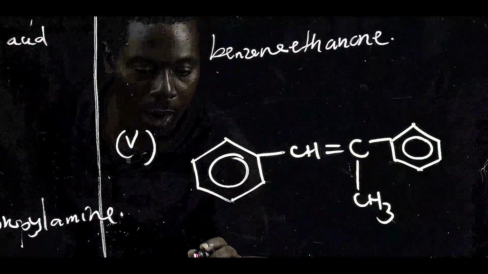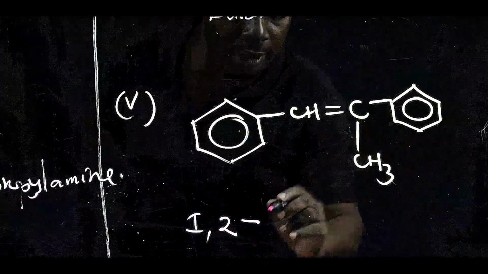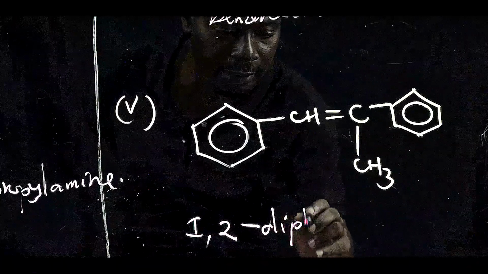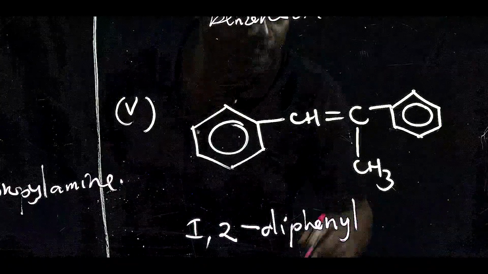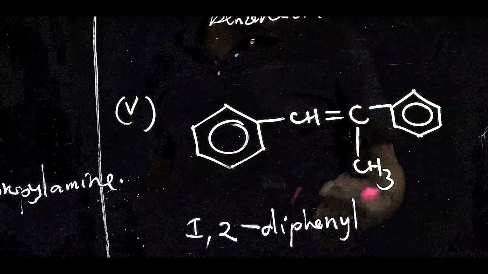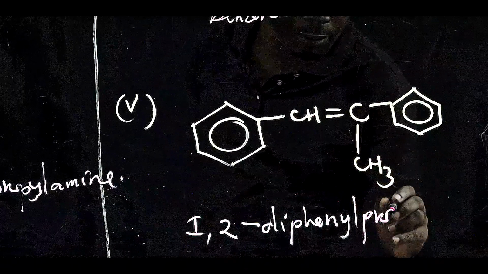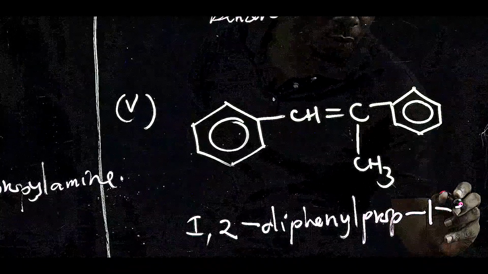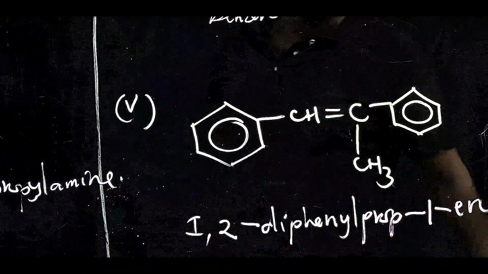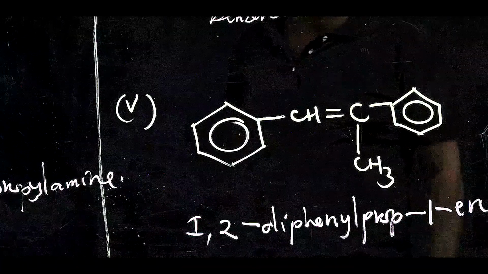So here will be 1, 2-phenyl, which should be diphenyl. Longest chain 1, 2, 3. The double bond is attached on the first carbon, so propene 1. 1, 2-diphenyl propene 1.